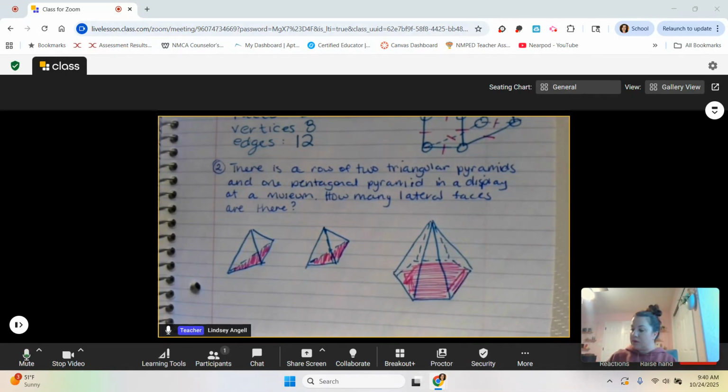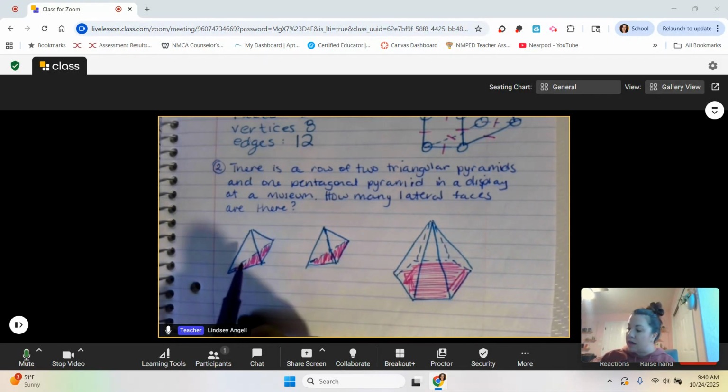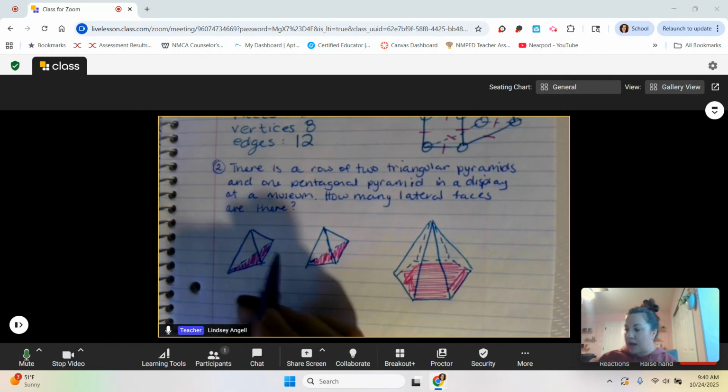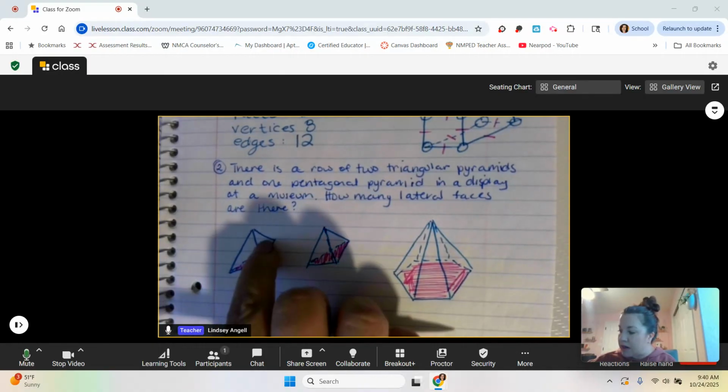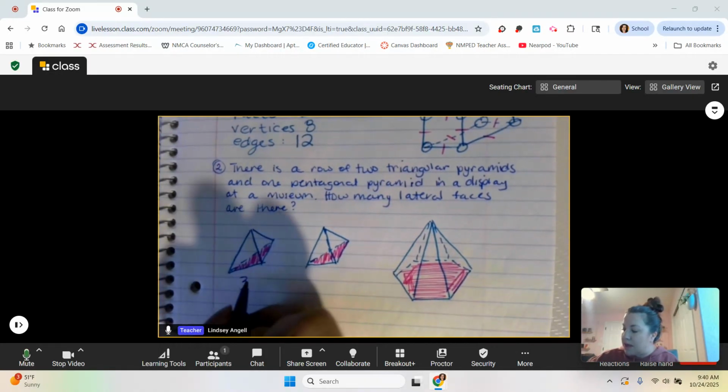So with this, it's going to be kind of harder to show on these triangular pyramids, but any side that isn't the base, right? Well, there's 3 sides connected to that base on each of these. There's this front one here, and then the one in the back. So this would be 3.